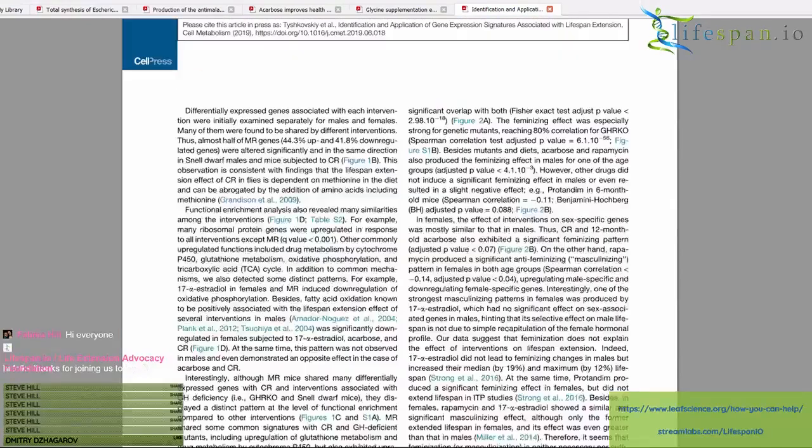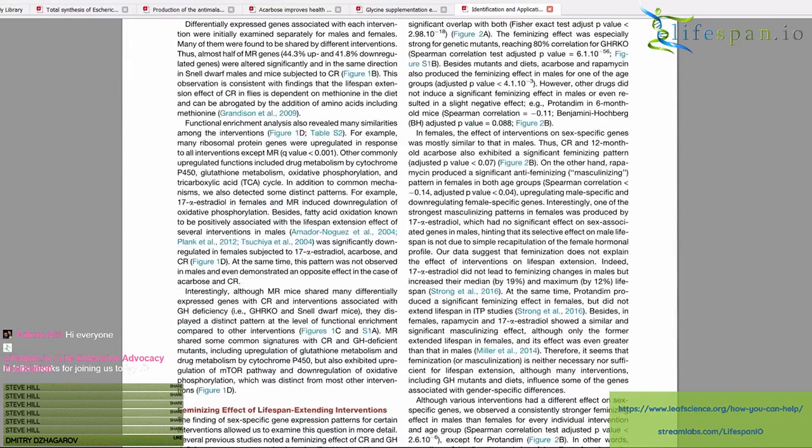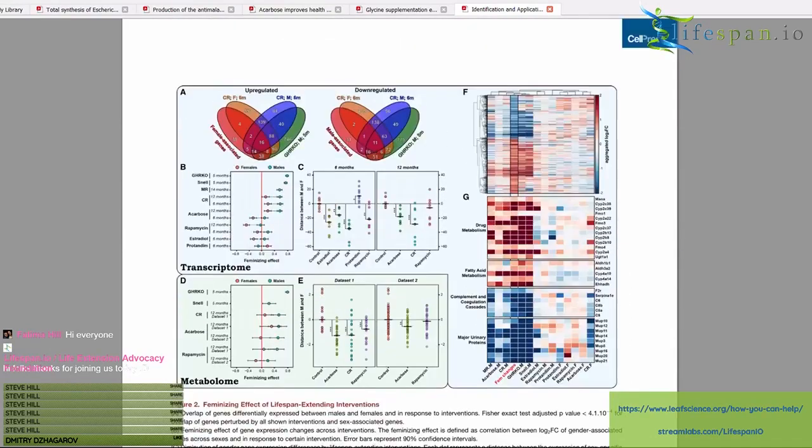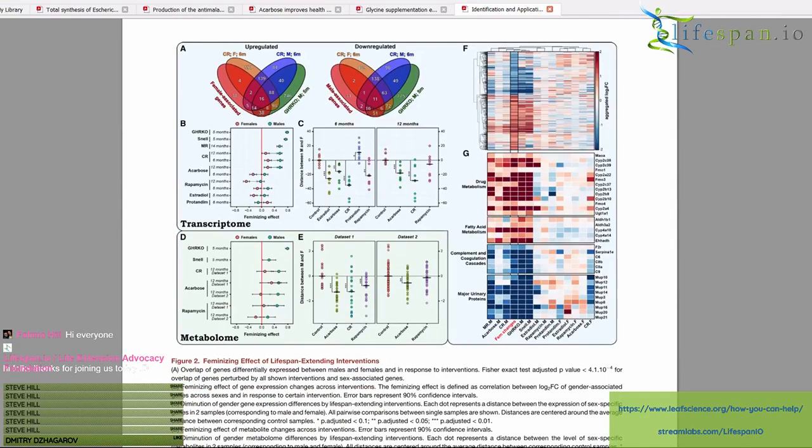But before that, just a small interesting part, which is not the main idea of our paper, but we found it pretty interesting. This is related to the feminizing effect. It is well known that some interventions, such as caloric restriction and growth hormone receptor knockouts, somehow feminize gene expression and concentrations of certain proteins in males. So it means that the concentrations of these proteins become more female-like after introduction of interventions.